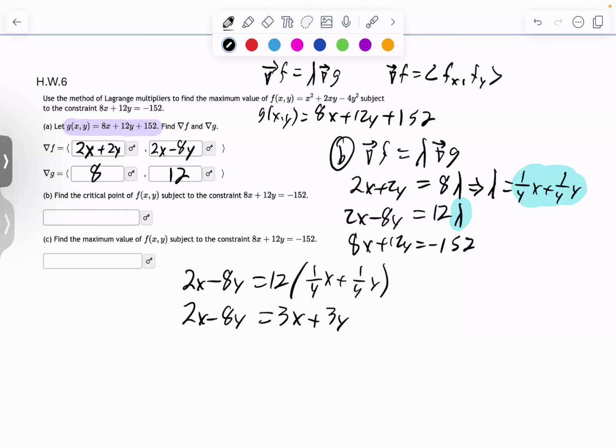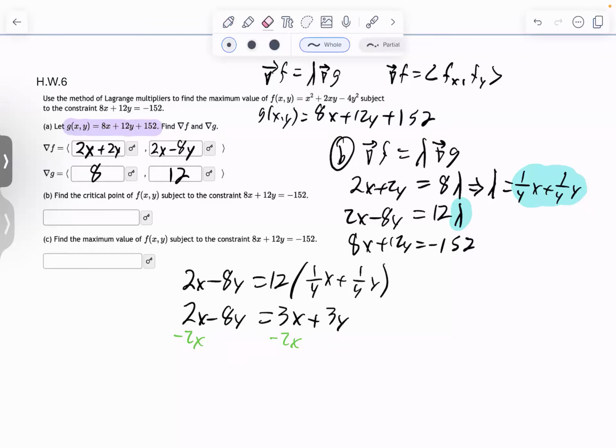And I'm now going to solve for x in terms of y. So I'm going to subtract 2x, and I'm going to add 8y. No, I'm not.